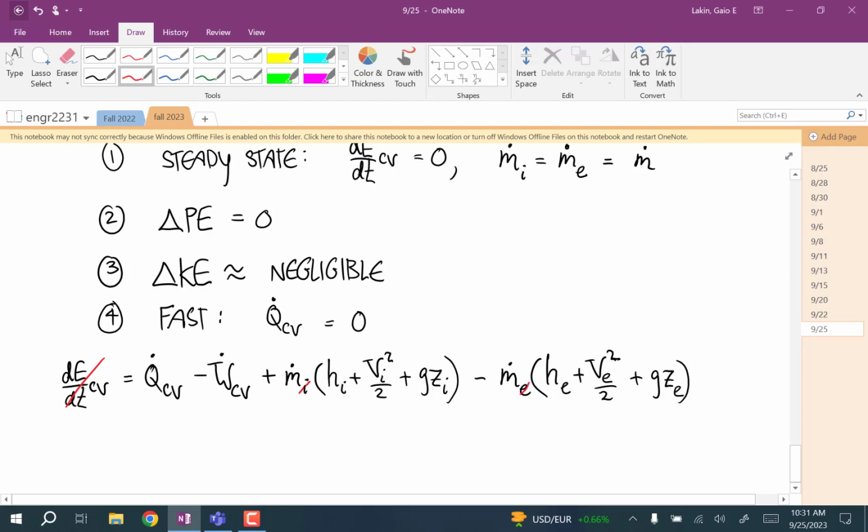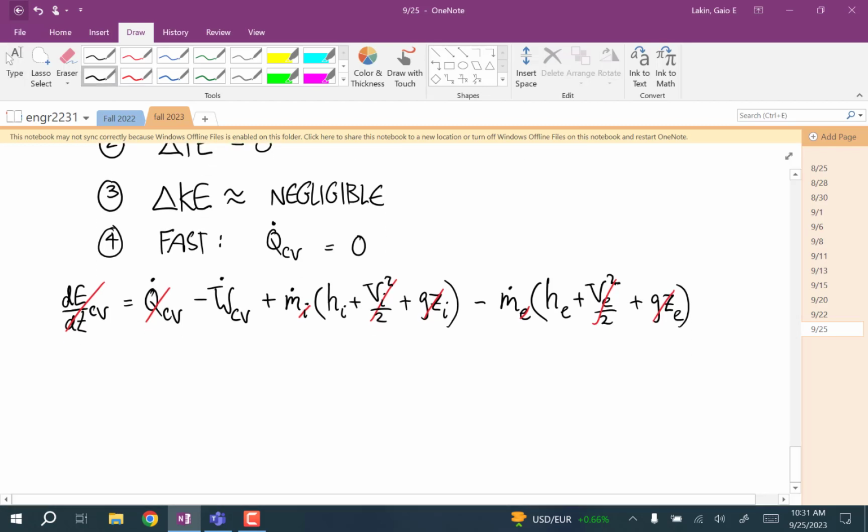m_i dot is equal to m_e dot, so those are just m dot. There's no heat transfer. There is work, because we're either getting electricity or mechanical work out of this thing. And we're canceling kinetic and potential. And so what you get out of this is, let me see what form I put this in before.